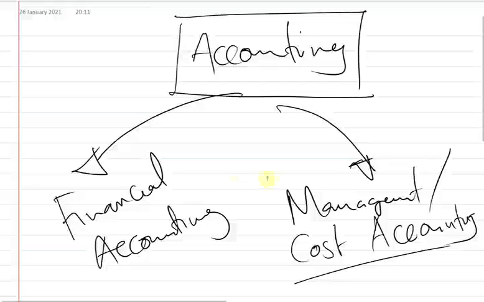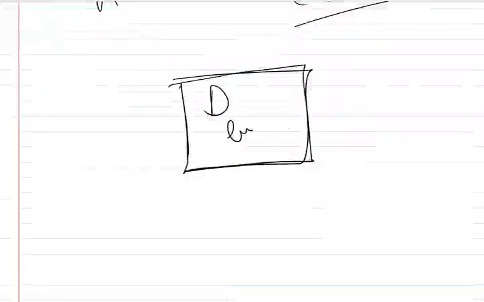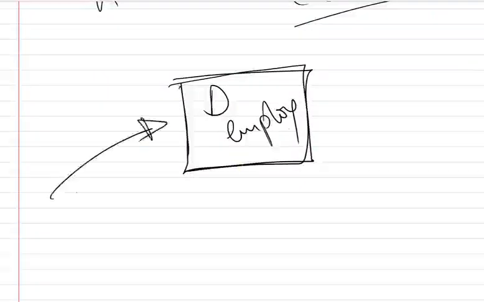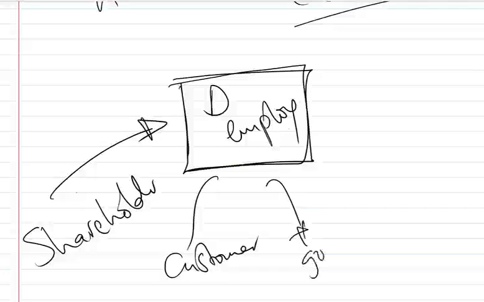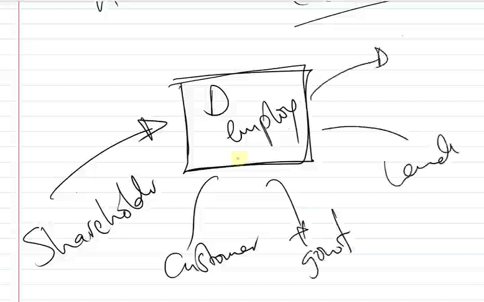So what financial accounting is all about, we are saying that you have internal people, right? The directors, employees who run the business. And you have other stakeholders. You have the shareholders, customers, government, lenders, suppliers, and so on, who are important.